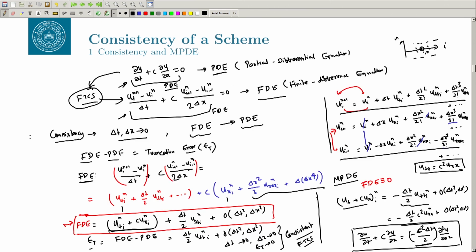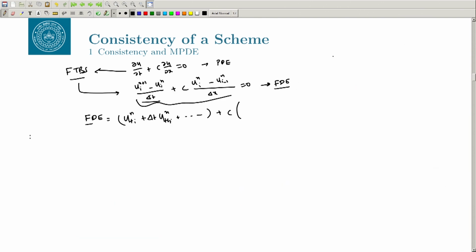So, all you need to do is that u i minus 1 n will be u i n minus delta x u x i n plus delta x square by factorial 2 u x x i n minus delta x cube by factorial 3 u x x x i n.